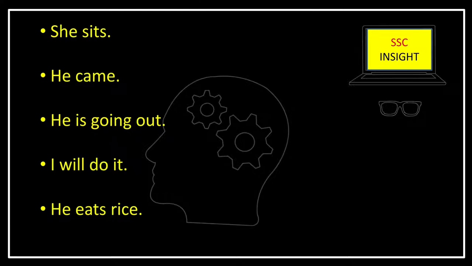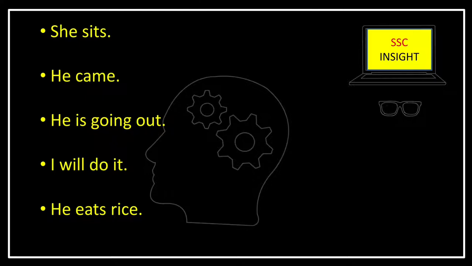No, because there is no object. She sits. I can also say that she sits on the bench. Then the bench will be the object. But she sits is also a complete sentence. He came is also a complete sentence. He is going out is also a complete sentence. But we cannot convert them into passive voice.